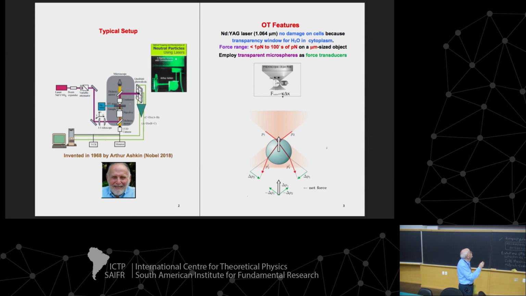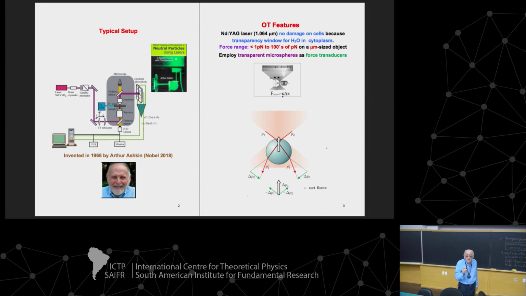And here is the focus beam shown, and here is the focus. And for very small displacements, the object which is attracted is here. For small displacements, you have Hooke's law. So if you measure the displacement, you measure the force. Okay?